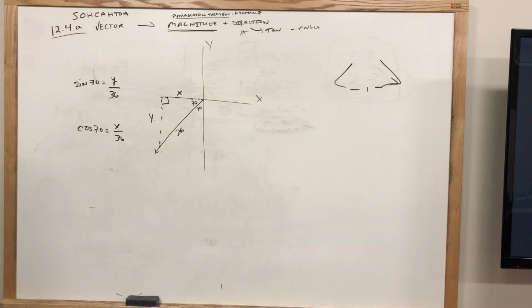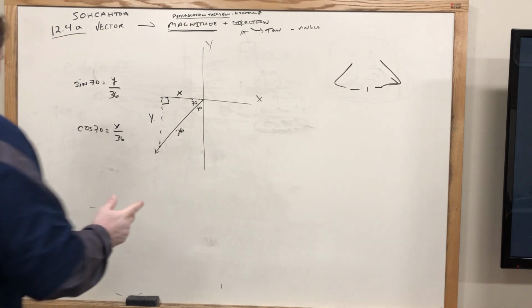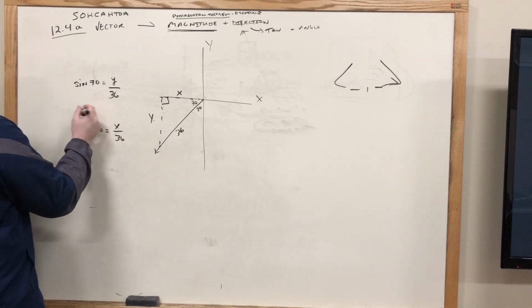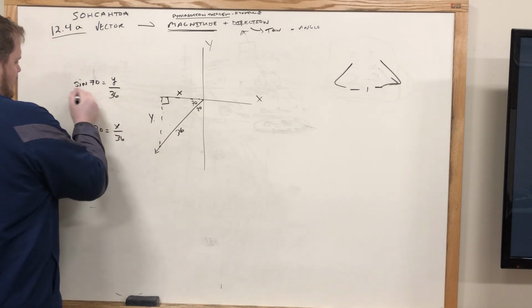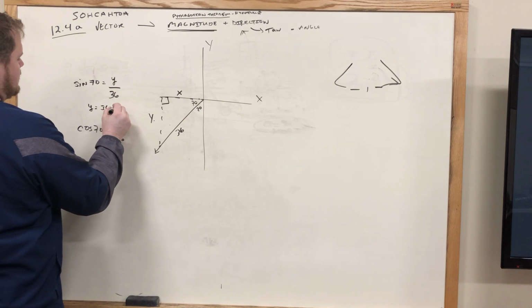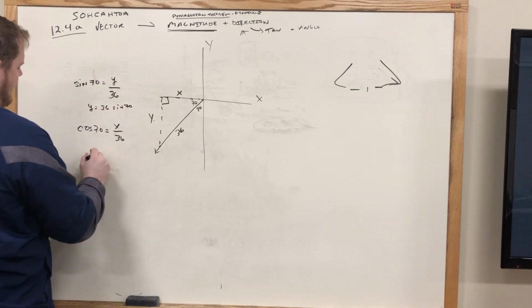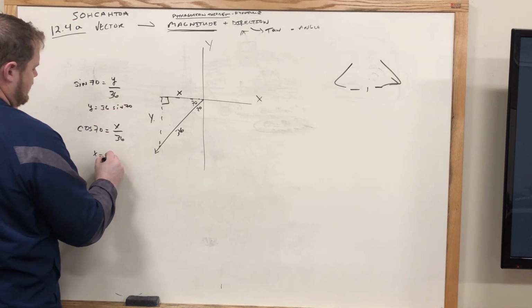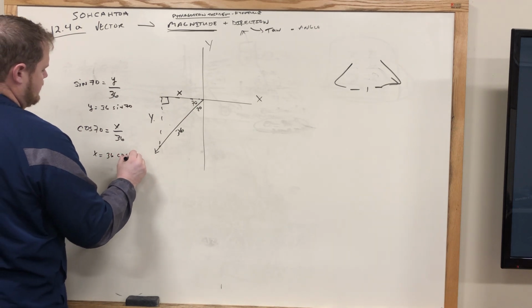So now all I have to do is plug those numbers in. When I plug those into the calculator, I'm really left with Y equals 36 sine 70, and X is equal to 36 cosine 70.